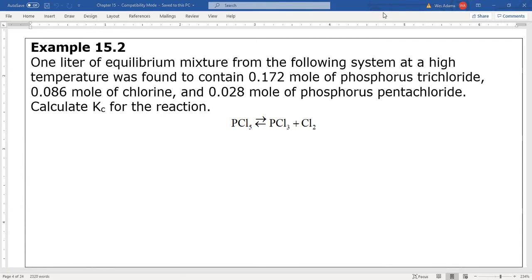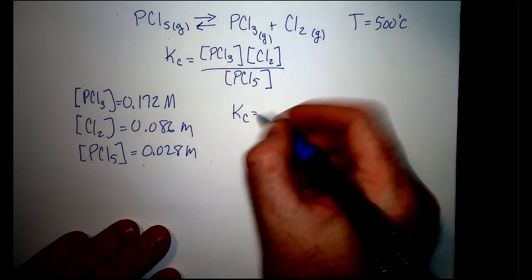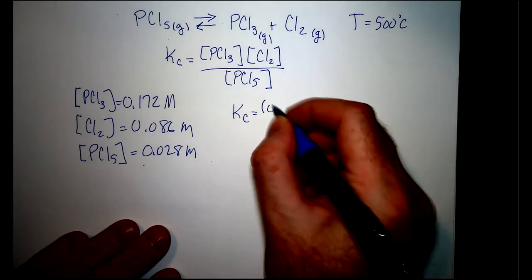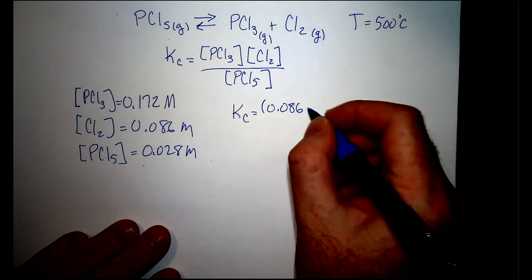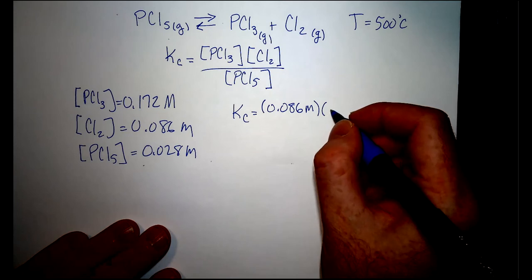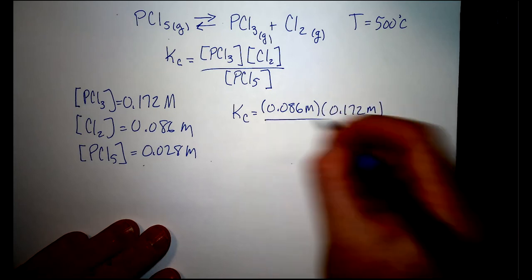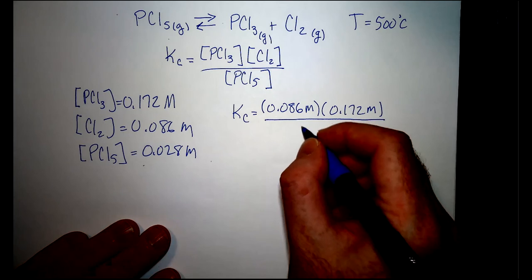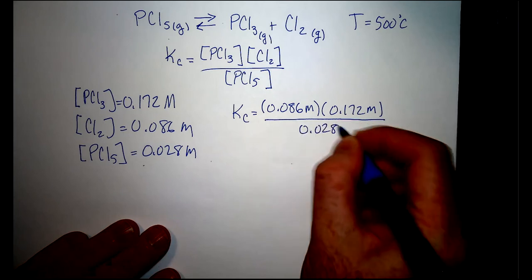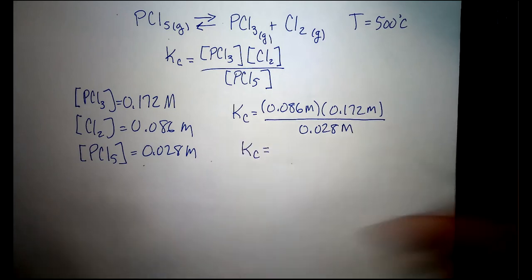So let's plug that in. Kc would then be 0.086 molar, and then PCl3 is 0.172 molar. Then we divide through by the PCl5, 0.028 molar. By convention, equilibrium constants are not given with units, even though you can see that the units would not cancel.